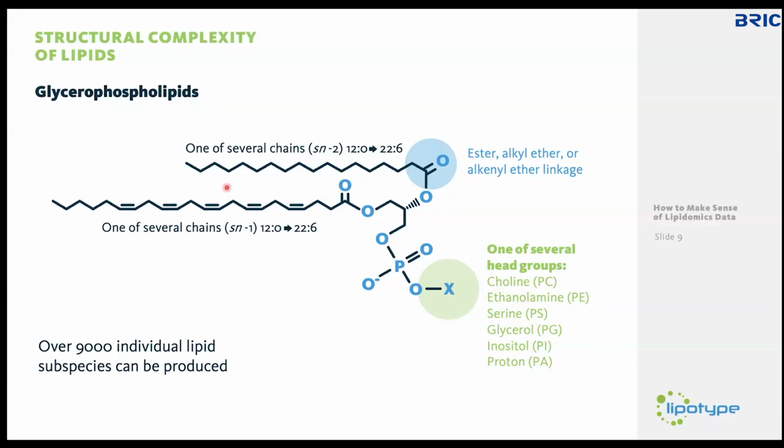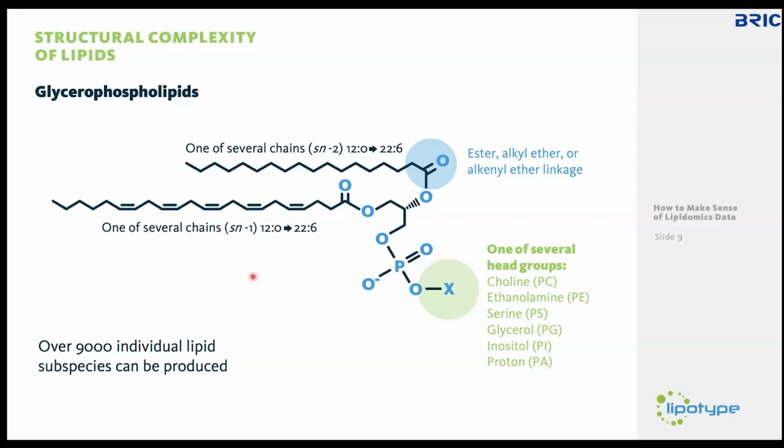A large part is also due to the fatty acid chains that have a range of carbon atoms, so they can be 12 carbon atoms long, or even 22 or longer. They might have different numbers of double bonds and positions of these double bonds. You might have heard of omega-3 and omega-6 fatty acids; this is the position of the double bond.